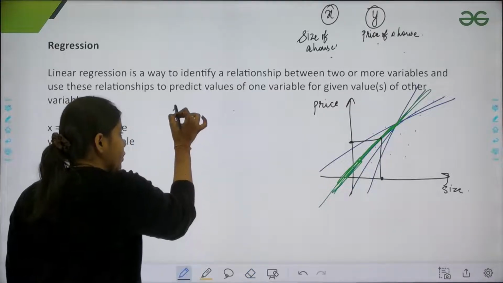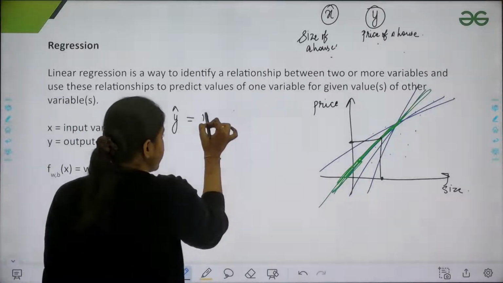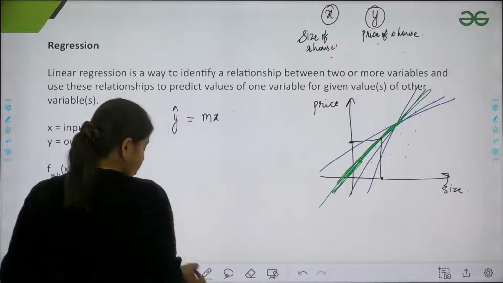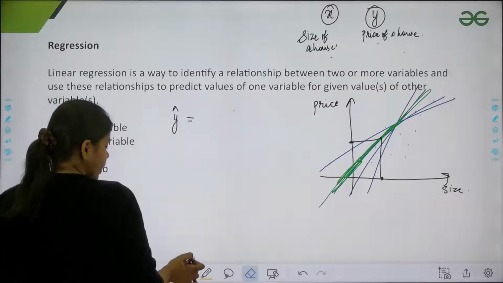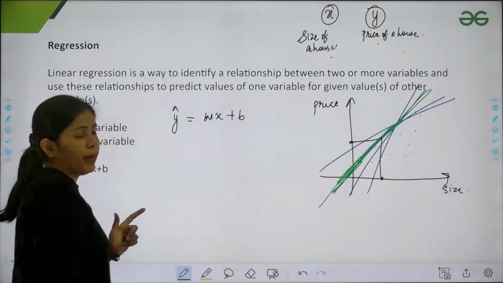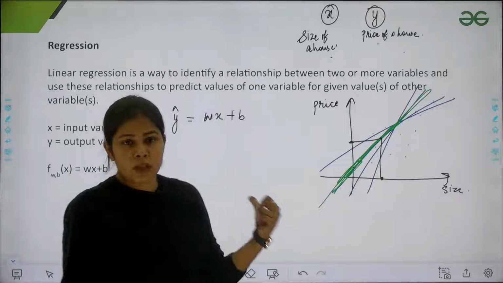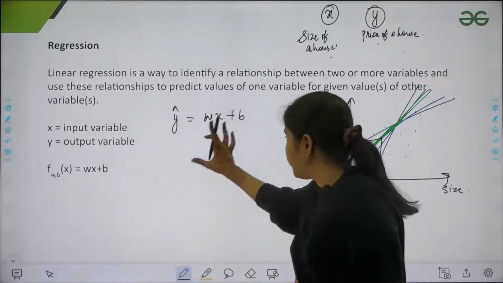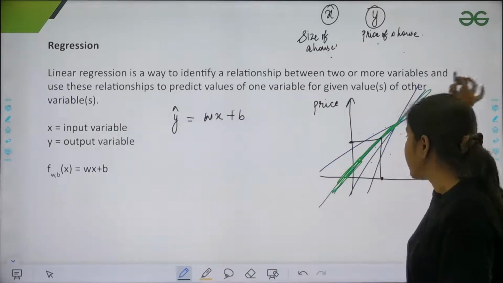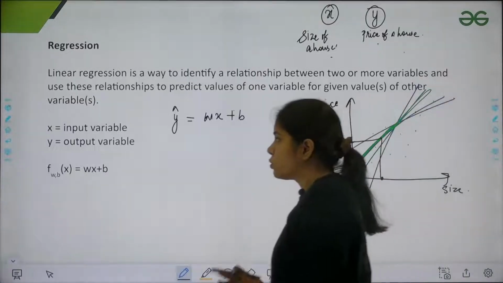So I'll use y cap notation, y hat notation: y cap is equals to m into x plus b, or because I have written here wx, so let me write w into x plus b, right? Y cap is equals to wx plus b. So I hope this is clear, why we are taking a line here, right?